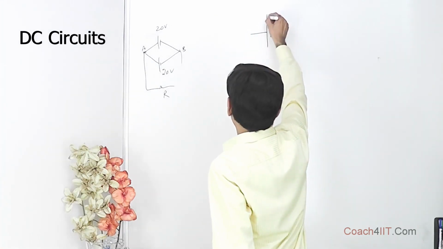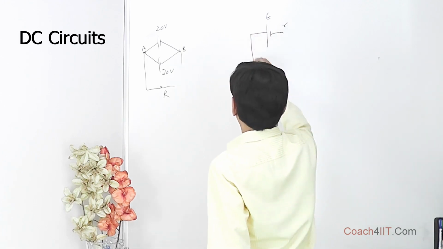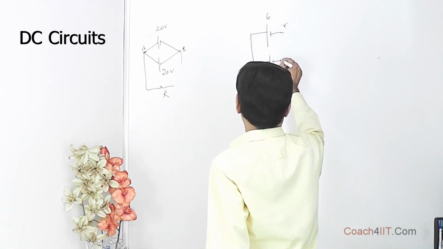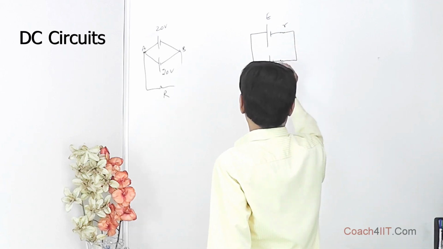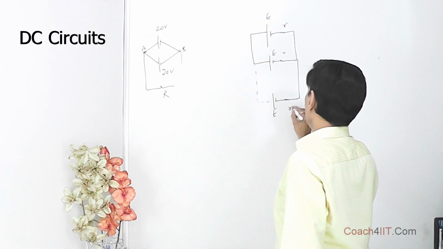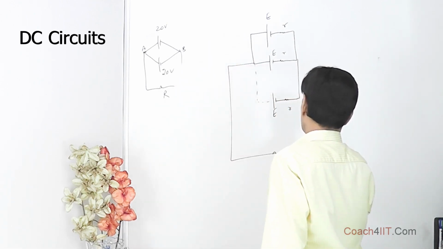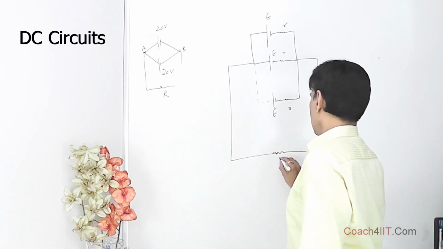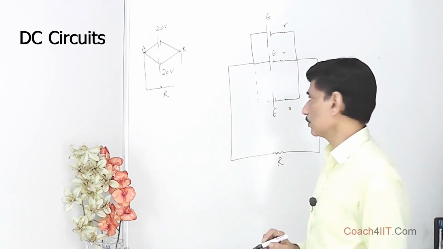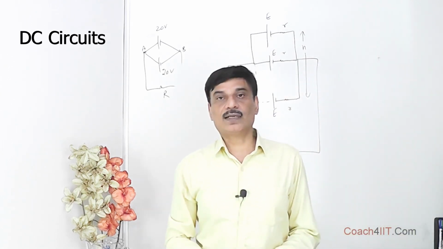Now we have a battery which has EMF E and internal resistance R. There is another one with the E and internal resistance R, and so on. We have E and R, and over here this is the external resistance having capital R, and over here we have N such cells which are put in parallel combination.